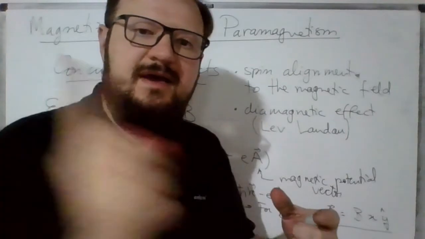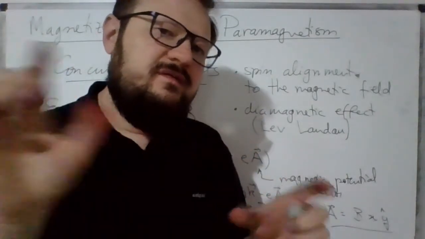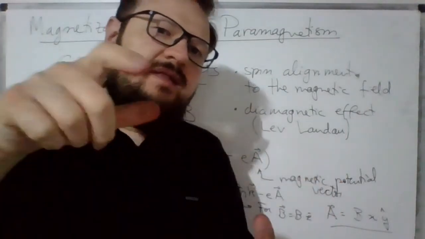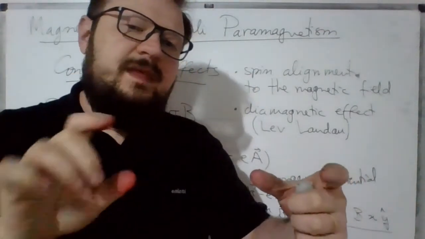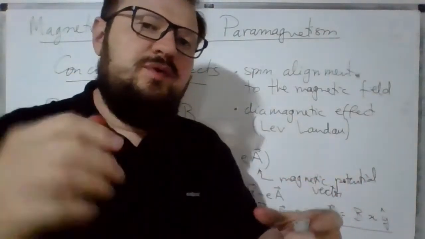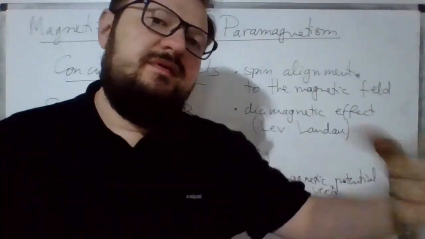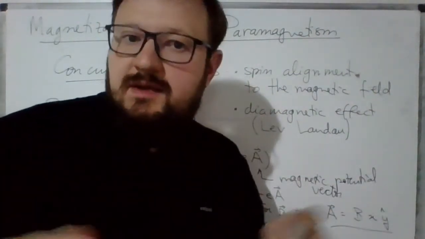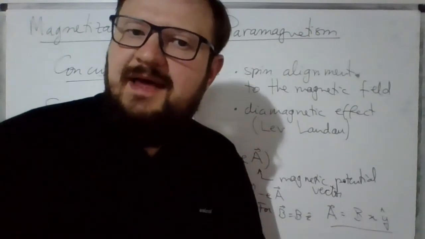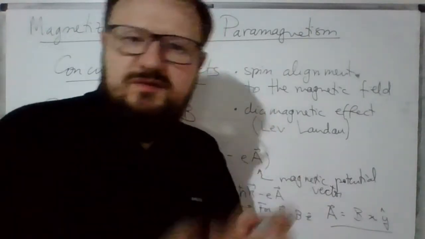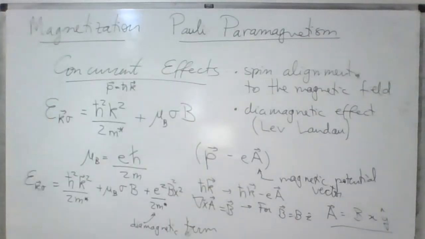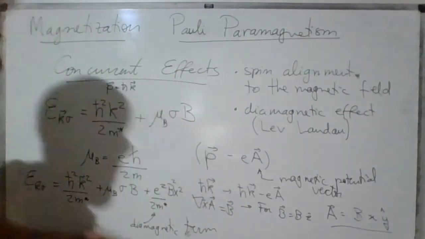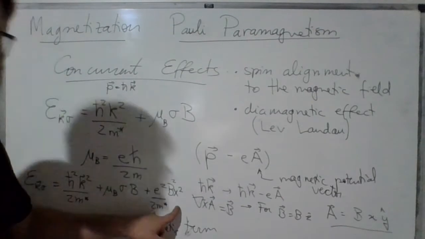They are just like coils of electric current, and when they align to a magnetic field, the current produces an additional magnetic field which is contrary to the applied field, and this is the diamagnetic effect, and it needs to be taken into account.